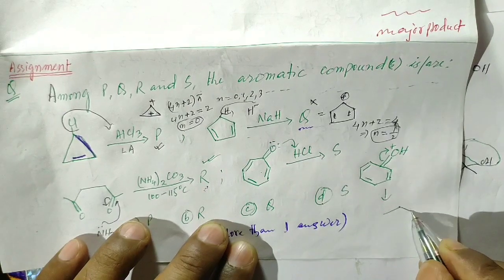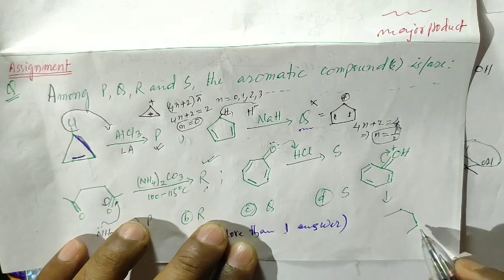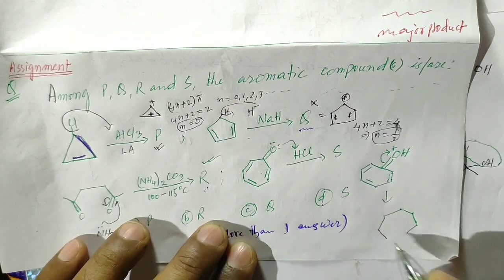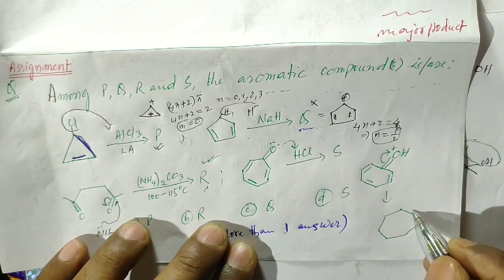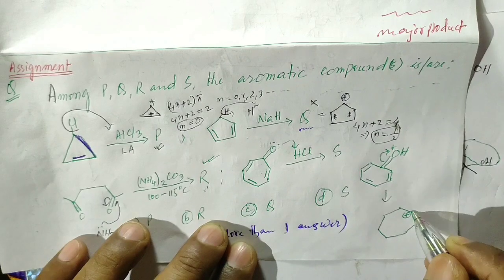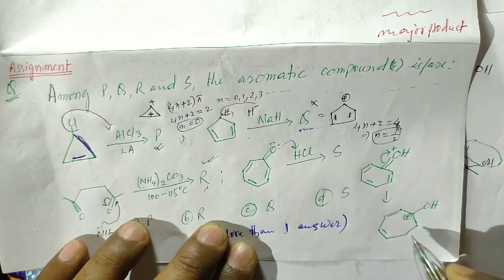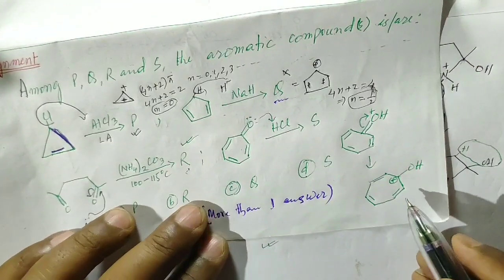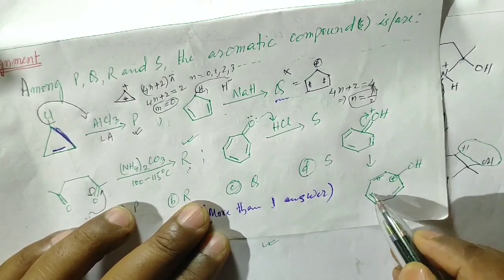Okay, now this will come here, and our S will look like this, a 7-membered ring actually. 1, 2, 3, 4, 5, 6, 7, like this. Okay, this carbon atom will carry a positive charge. Now this will be OH, this is a double bond, and this is a double bond. So this is aromatic in nature, because in the ring we will have 6 electrons.